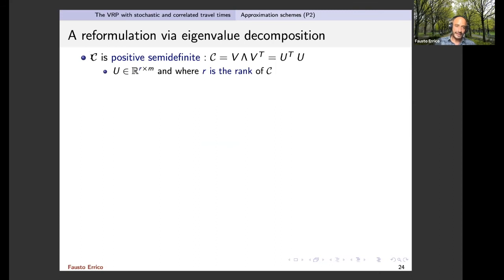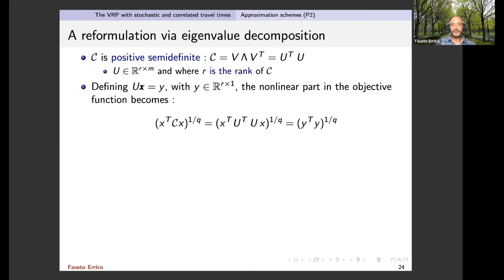It is known that because C is positive semi-definite, we can decompose it in this way, where U is a matrix R by M. M is the dimension of the space, and R is the rank of the matrix C. This opened the door to a reformulation, because if you define R new variables, one for each of the rank, as U times X, we can reformulate in a linear part the objective function as follows.